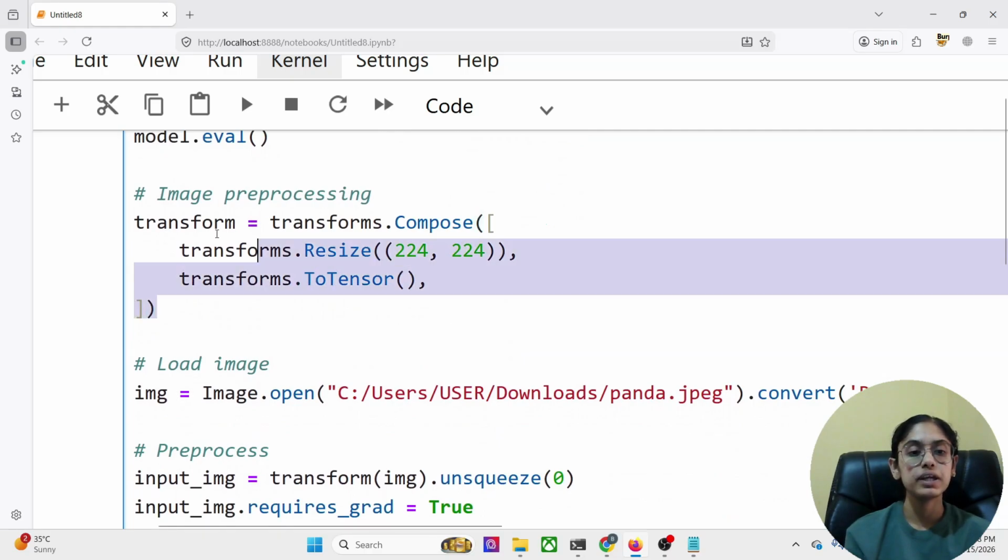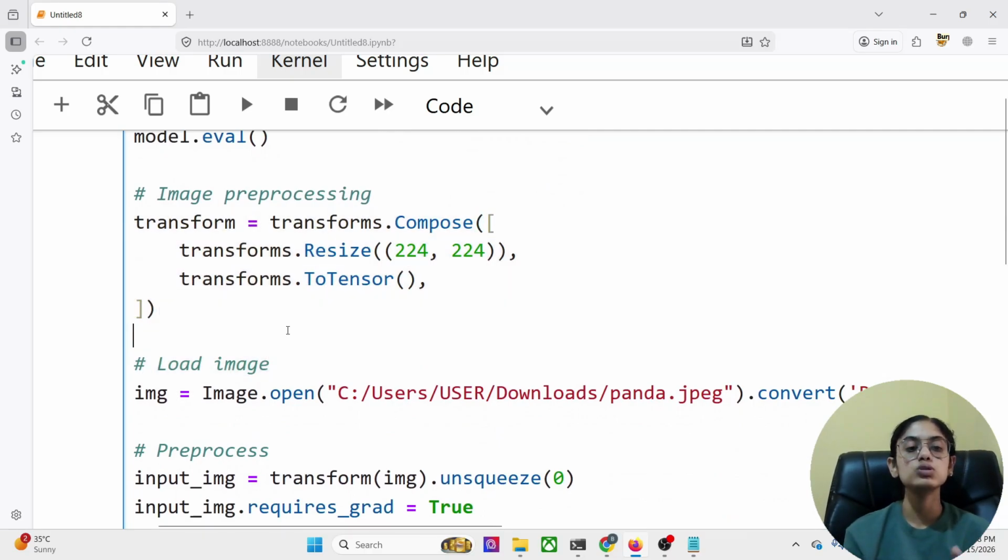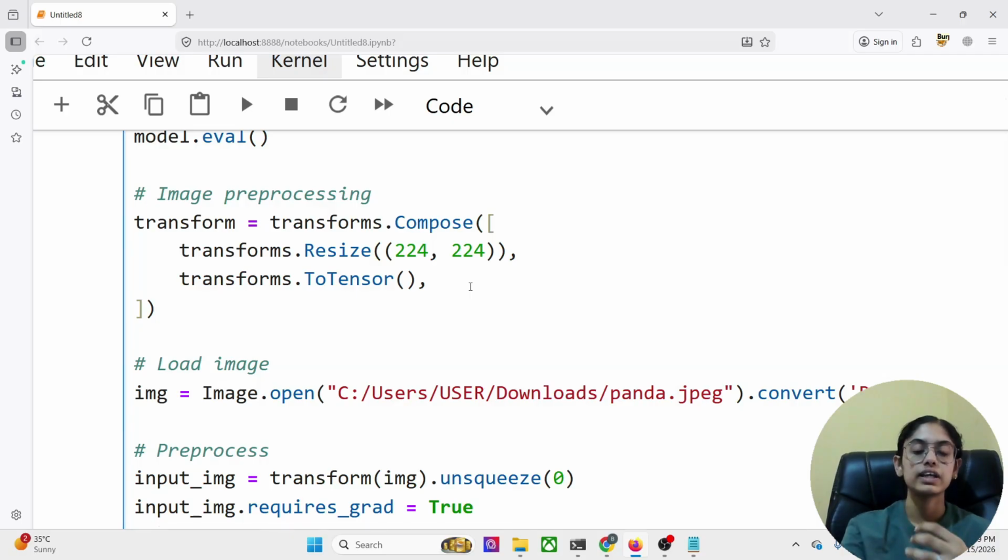Next is image pre-processing. Most of the ML models have some expectations from us, like they are expecting a 224 by 224 size image. I can't always provide this particular size image, so before giving it to the model, I'm just resizing my image.